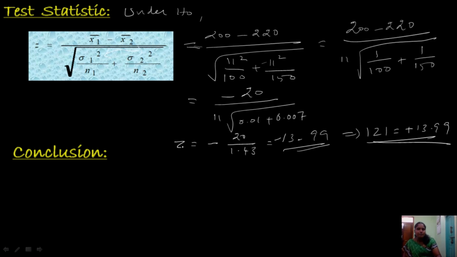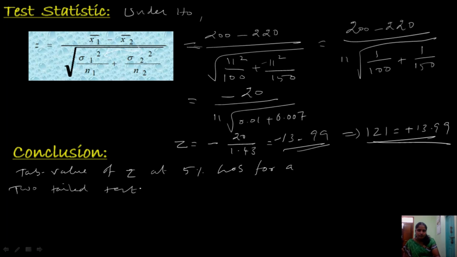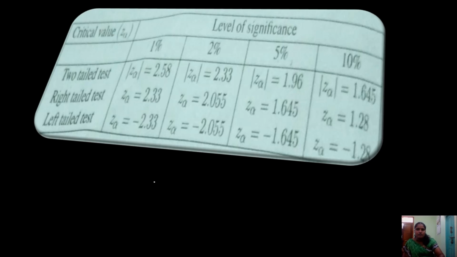Next we have to compare this value with the table value. So the table value of z at 5% level of significance for a two-tailed test is 1.96.